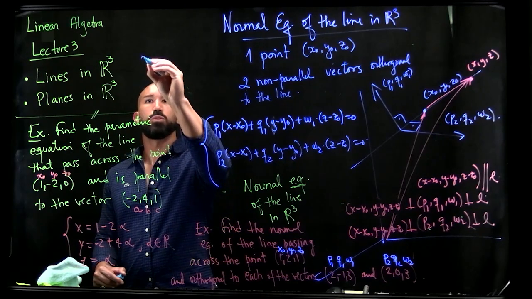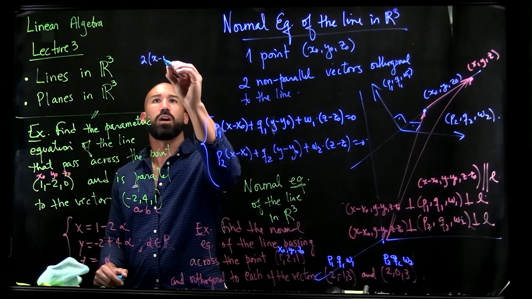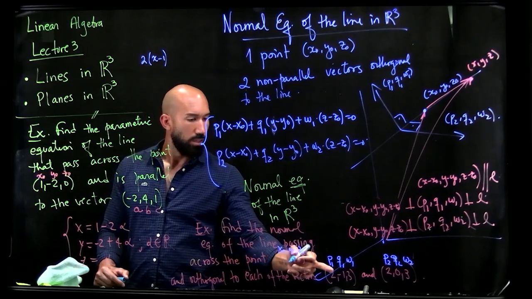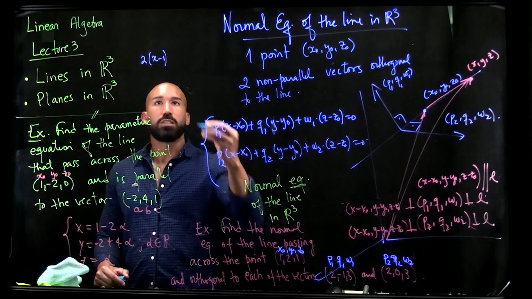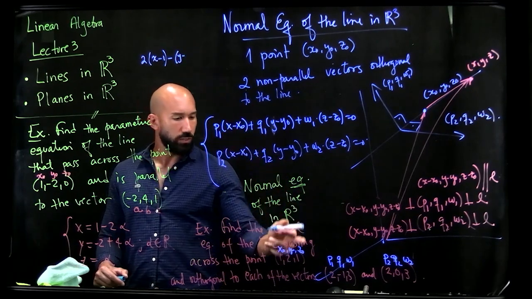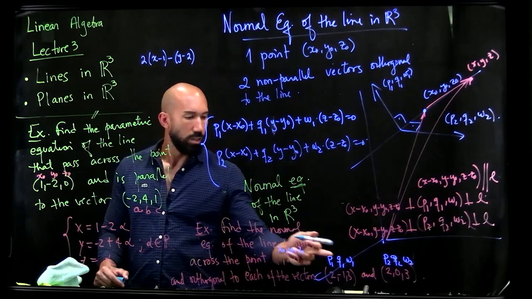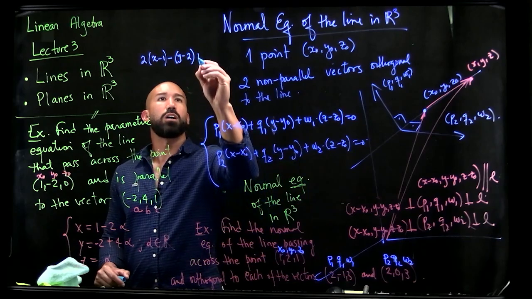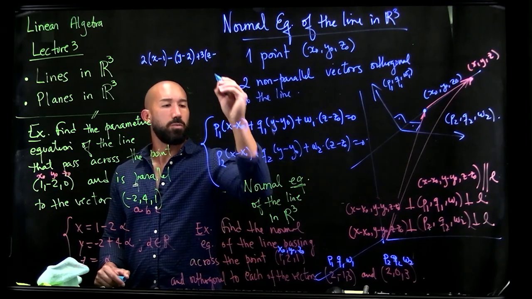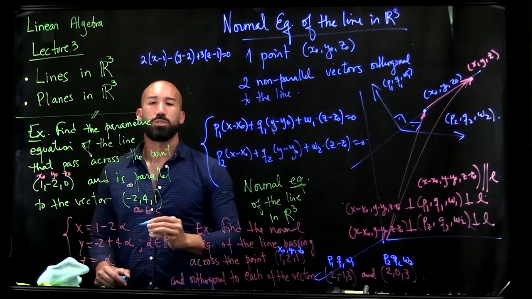P1 is 2 times X minus X0, which is 1, so minus 1. Q1 is -1, so minus Y minus Y0, which is 2. Okay, plus W1 is 3, Z minus Z0, which is 1, equal to 0.